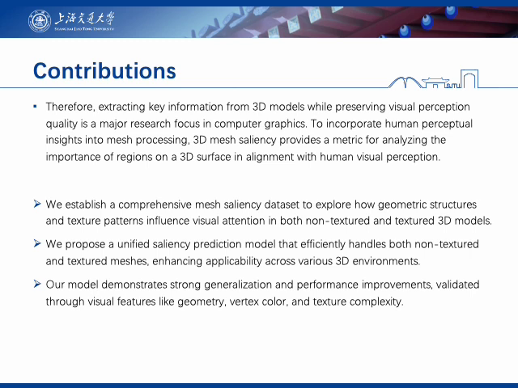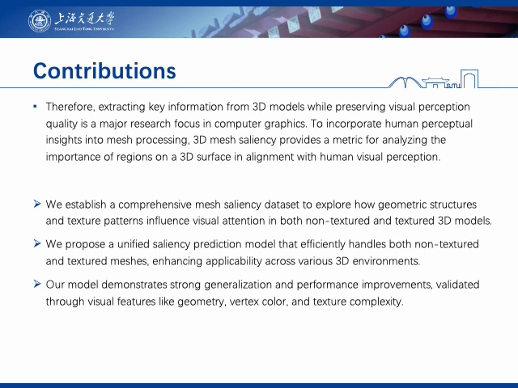Here are three contributions of our paper. We establish a comprehensive mesh saliency dataset to explore how geometric structures and texture patterns influence visual attention in both non-textured and textured 3D models.